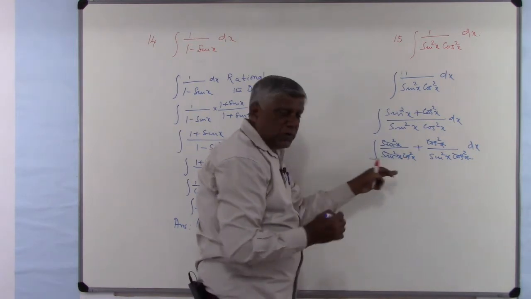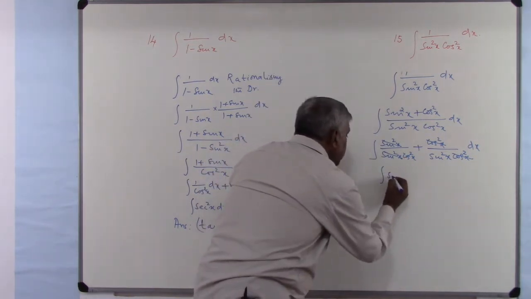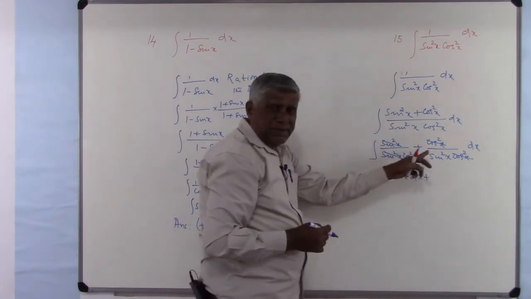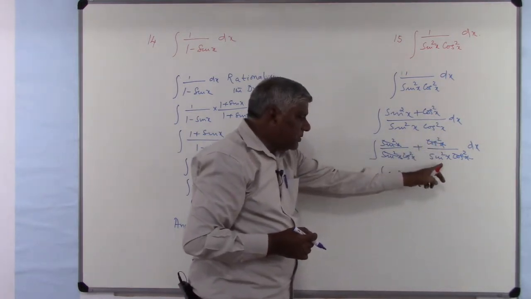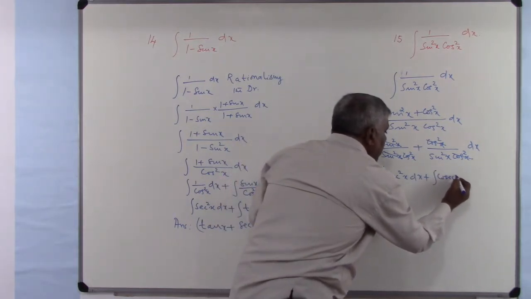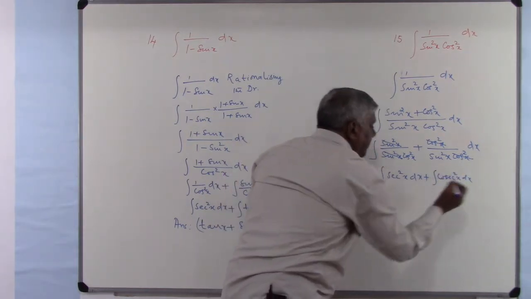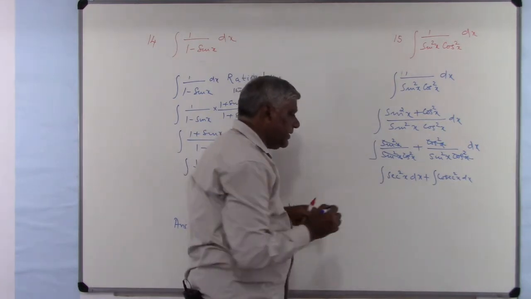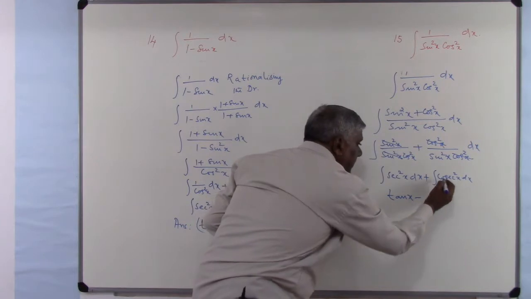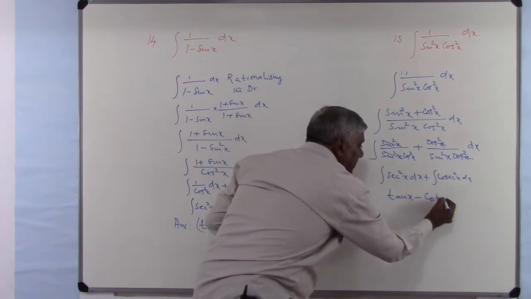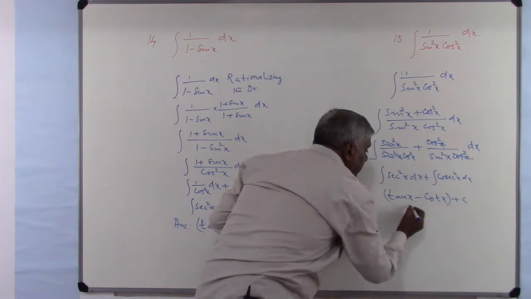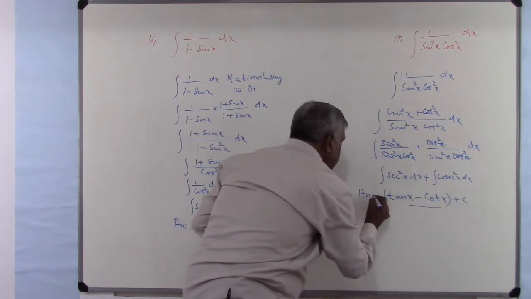So 1 over cos square x is secant square x dx plus, we have split like this, 1 over sin square x is cosecant square x dx. Now secant square x dx is tan x minus cosecant square x dx is cot x. So this plus c is the answer for this problem.